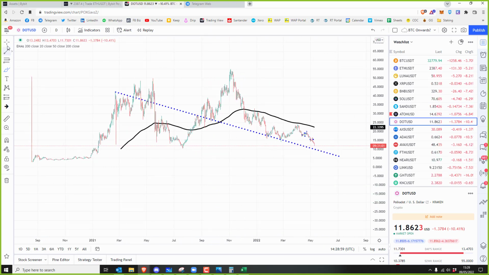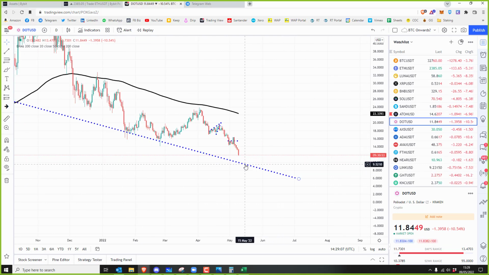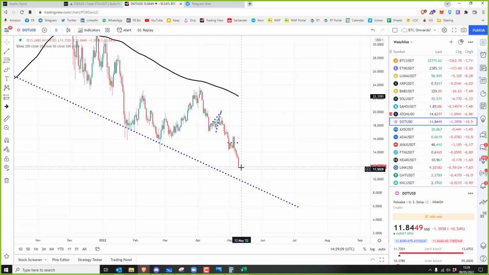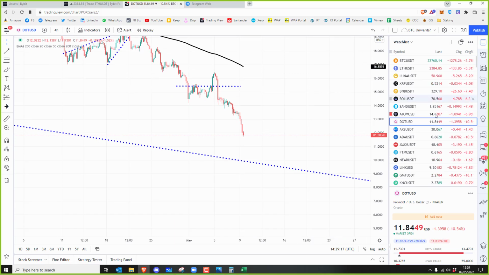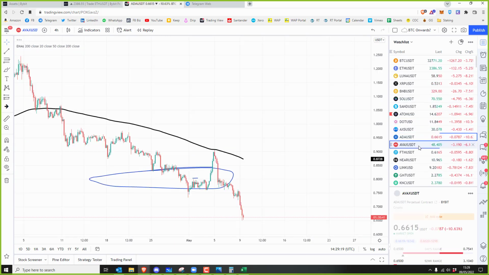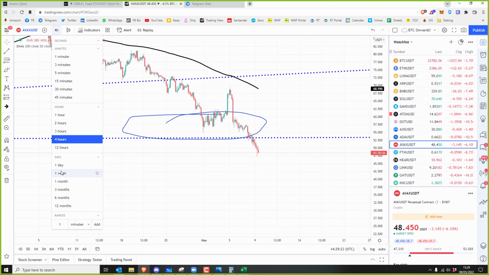DOT is, I think, definitely following this support level, and therefore we've probably got until $10. However, looking at this on the daily chart, it's already fallen away quite a lot, like with a lot of them. So shorting at these levels, I think you're in for a bit of trouble potentially.